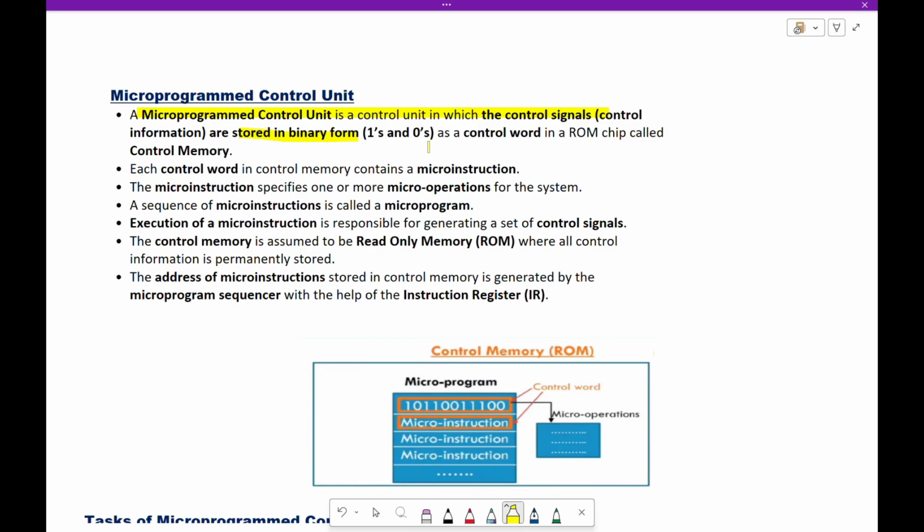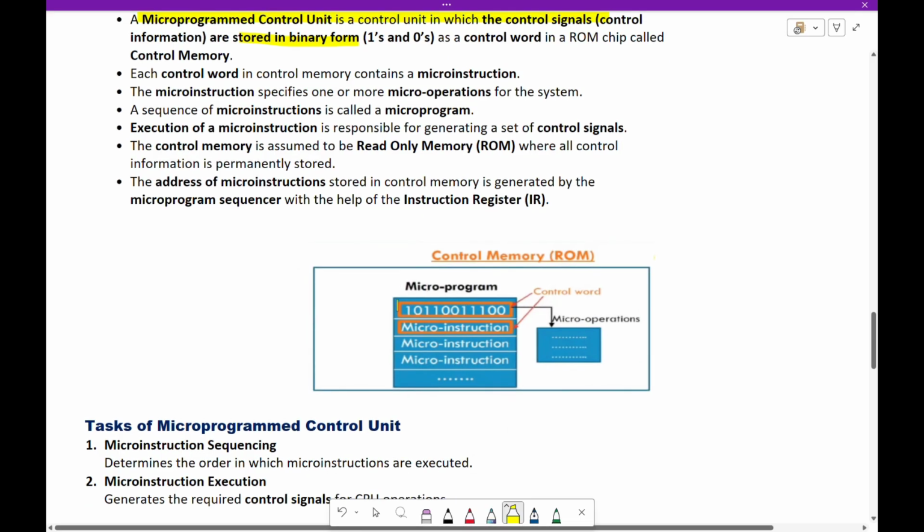Here you see the control memory ROM, and inside the ROM chip are control words in binary form, and each contains microinstructions used to generate micro-operations.